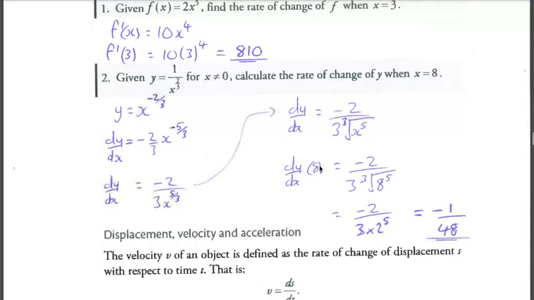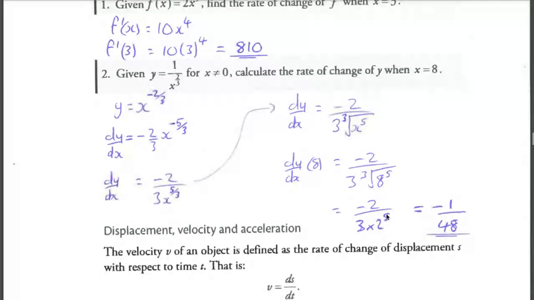So dy/dx at 8 is negative 2 over 3 multiplied by the cube root of 8, to the power 5. Well, the cube root of 8 is 2, so negative 2 over 3 times 2^5. So that's negative 2 over 3 times 32, which is negative 2 over 96, which cancels to negative 1 over 48.